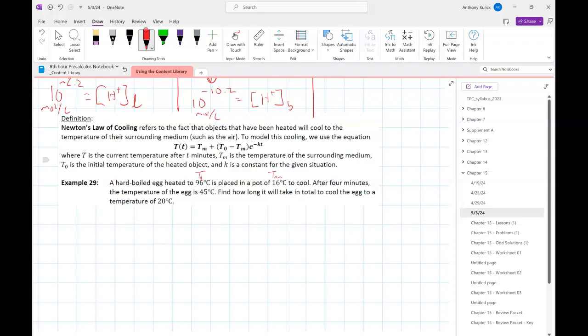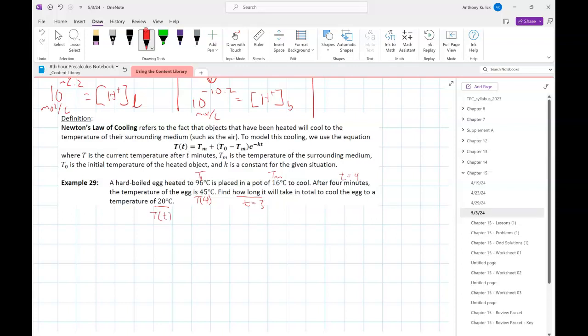It says after 4 minutes, well, that tells me t is 4. The temperature of the egg is 45. So 45 must be T of 4, right? The temperature 4 minutes later. How long will it take for the egg to cool to 20 degrees? There it's asking us to solve for t. So that's a T of t also.